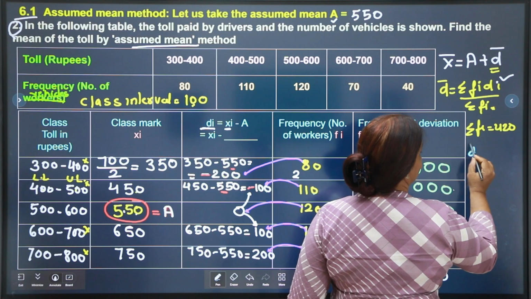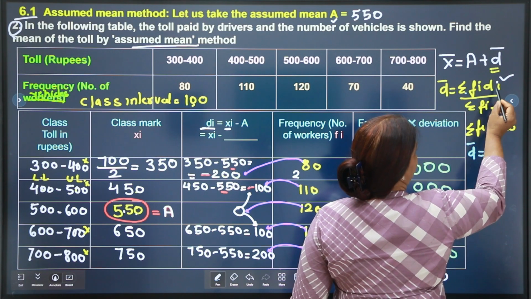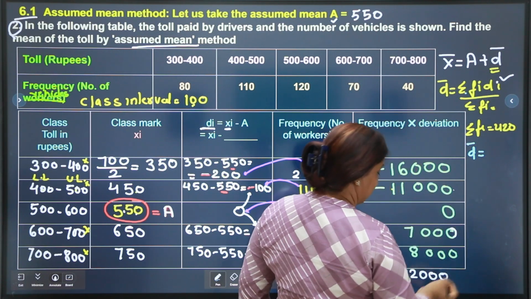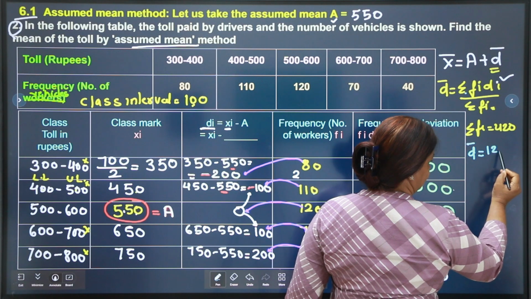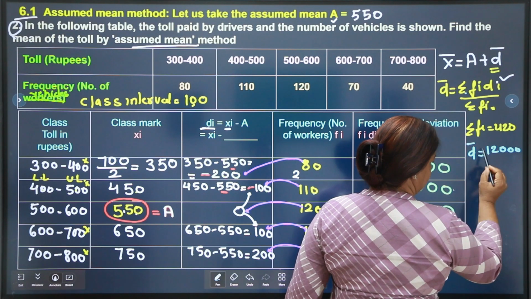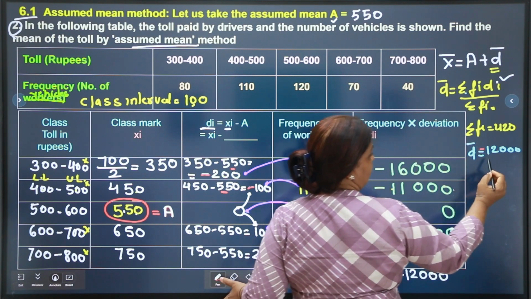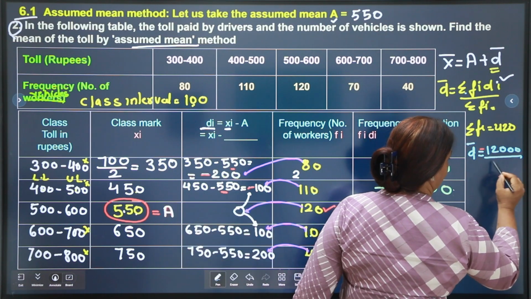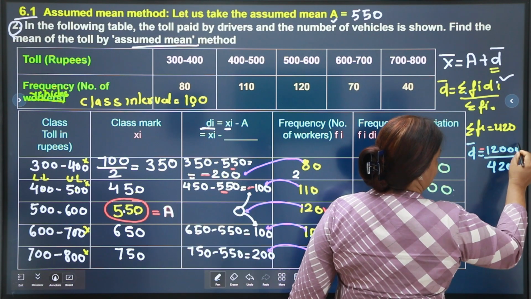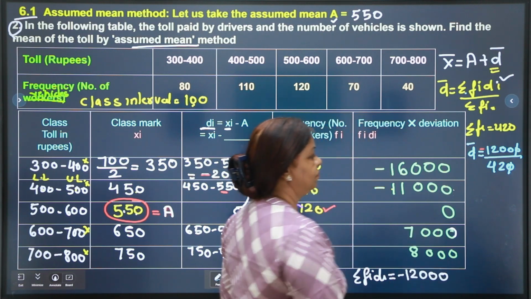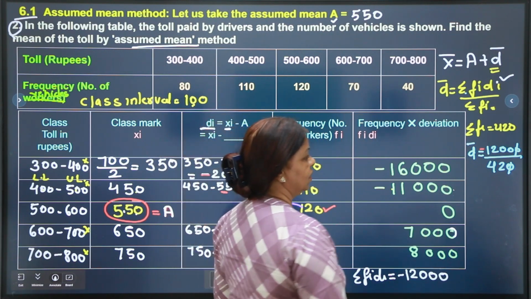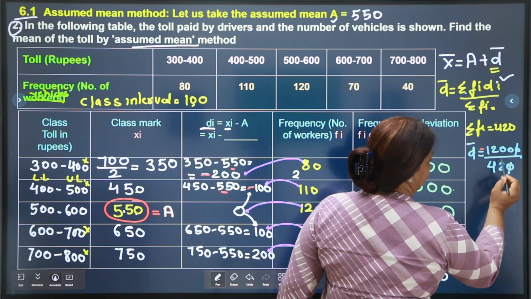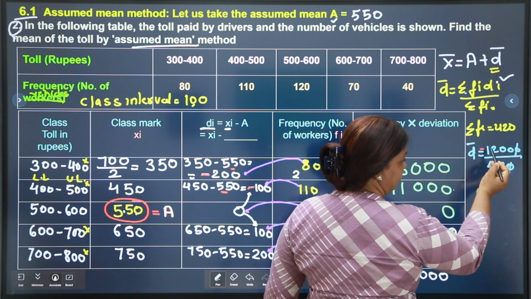So bar D is equal to summation of FiDi, which is minus 12,000, upon 420. 0, 0 will get cancelled. Minus 1200 upon 42 can be divided easily.